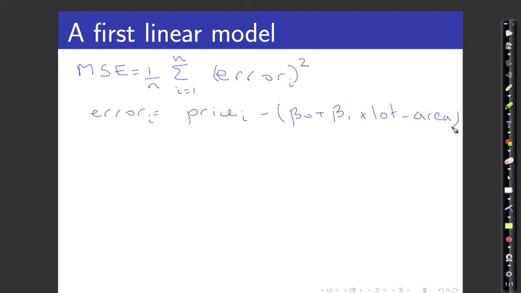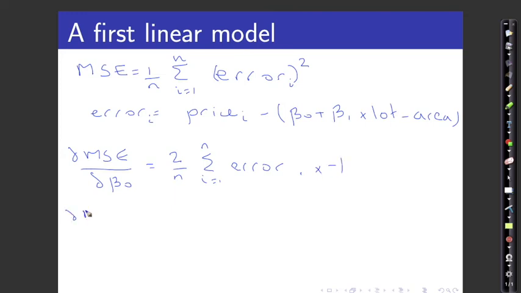Now, we're going to differentiate the mean squared error with respect to beta naught. We will get 2 over n times the sum, i equals 1 to n, of the error times the differential of error with respect to beta naught, which is just minus 1.